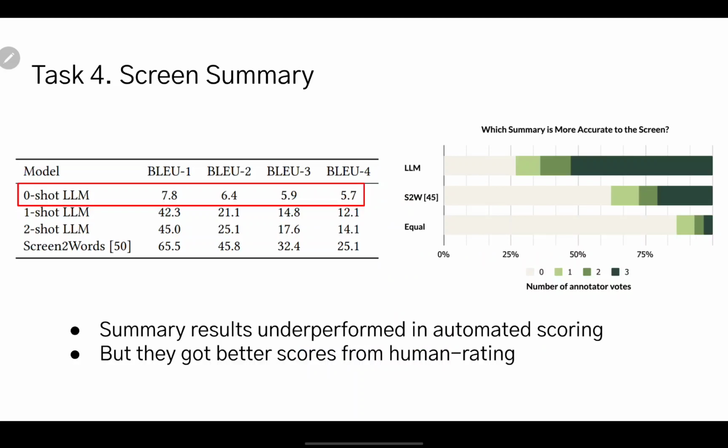However, the author says that because it was a word-to-word match between the provided one and the ground truth, that made Screen2Words get the higher score. However, when humans evaluated, as on the right side, the LLM showed better scores from the human annotators.